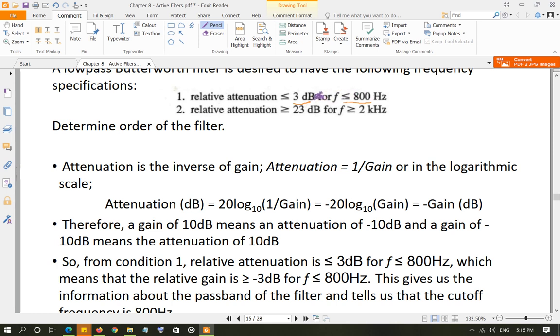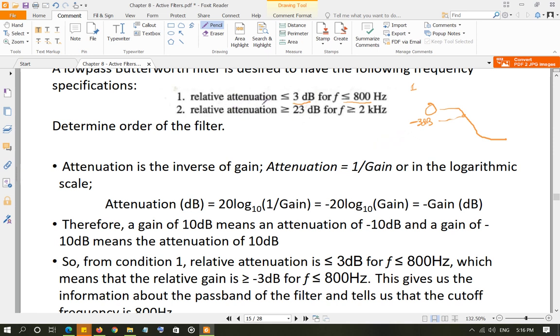So at 800 hertz it is 3 decibel, and below 800 hertz it will be less than 3 decibel attenuation, that means gain is greater than negative 3 decibel. So gain starts at 0, because the maximum value is 1, and if you take the log of 1, that's going to be 0. So gain starts at 0, and then at the cutoff frequency it goes to negative 3 decibel.